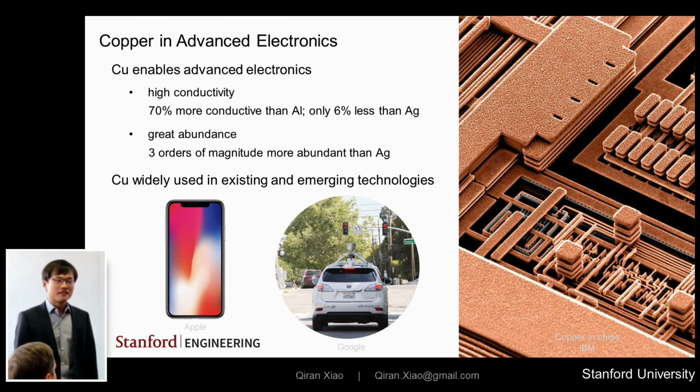Copper is one of the most important metals on Earth. It is extremely important, not only because of its high conductivity but also its great abundance. And these two unparalleled advantages of copper truly make the use of copper ubiquitous.